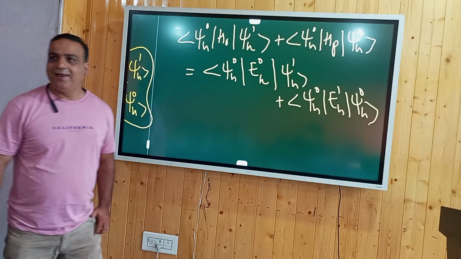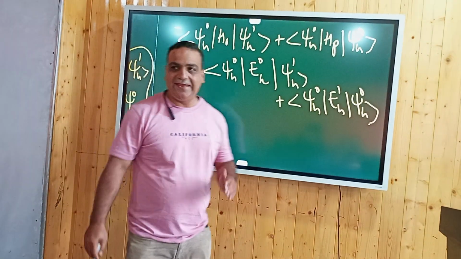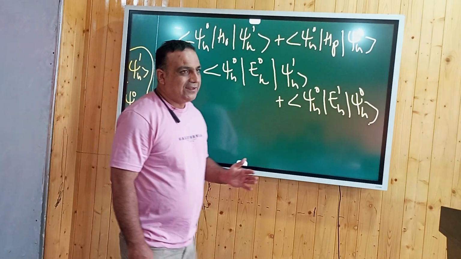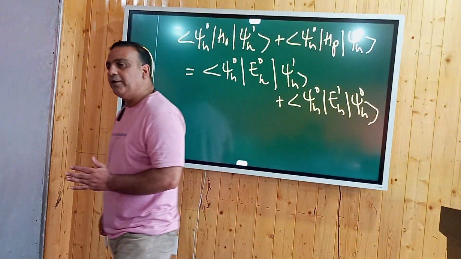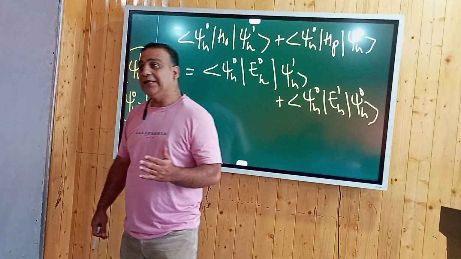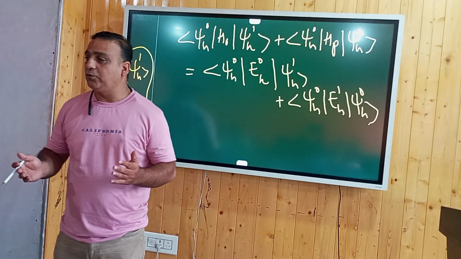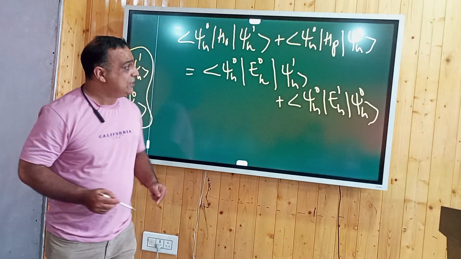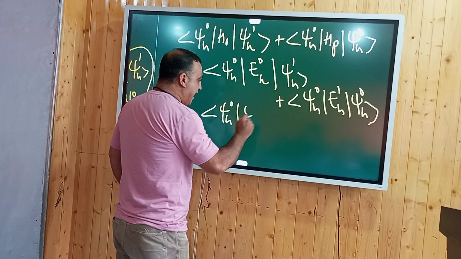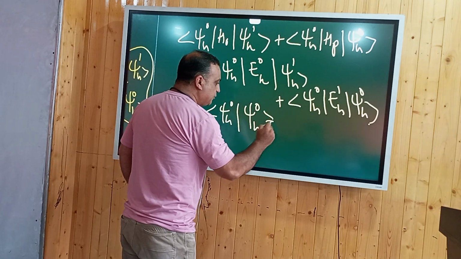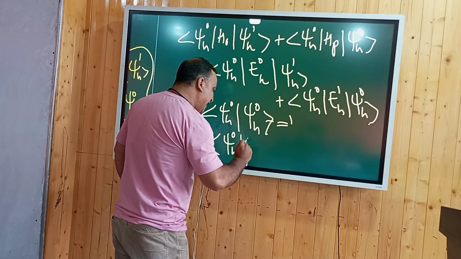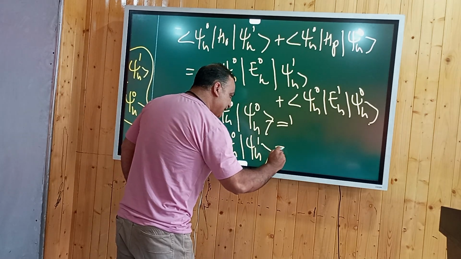Now again, we understand that the bases we have chosen, the vectors involved in our problem, obey the basic rules like orthogonality properties. So if I have psi n naught and psi n naught, this must be equal to 1, and psi n naught and psi n 1 is equal to 0.